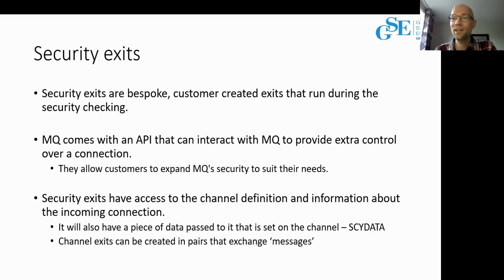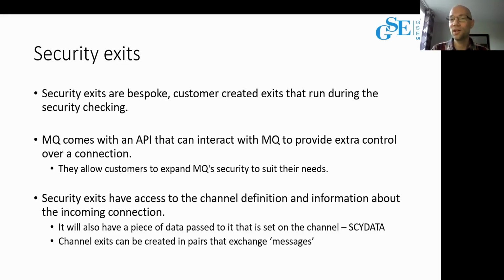They get given various bits of information about the connection that's coming into MQ when the connection arrives on the channel. And then they can decide what to do with that connection, whether to allow it or not. And you can implement pretty much whatever you want. You can have exchange of data between a pair of exits, for example, if you want to add additional checks.